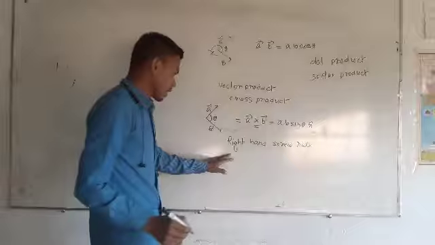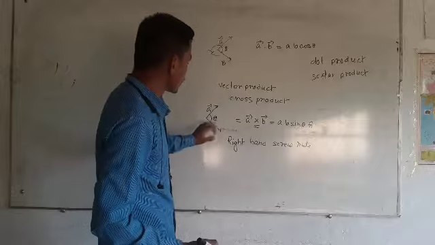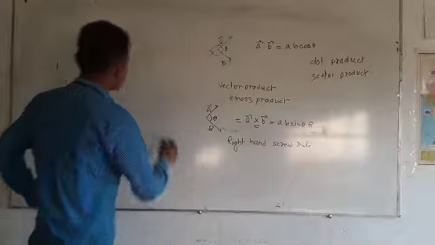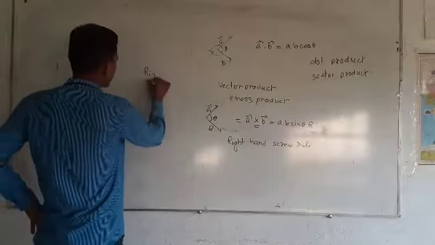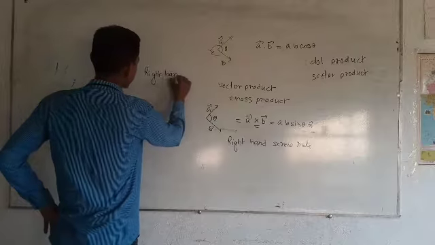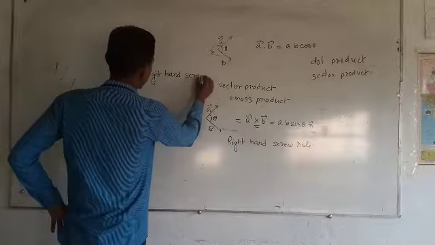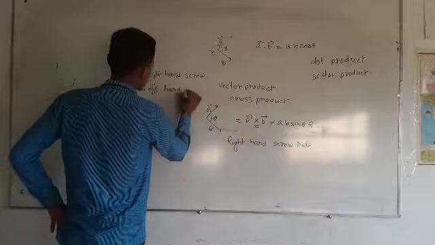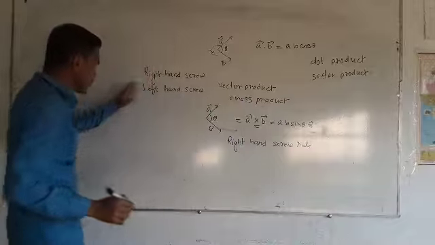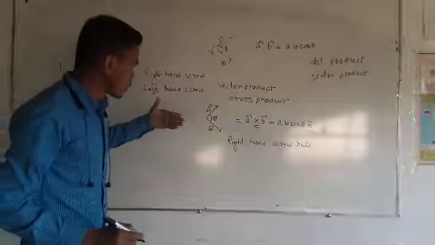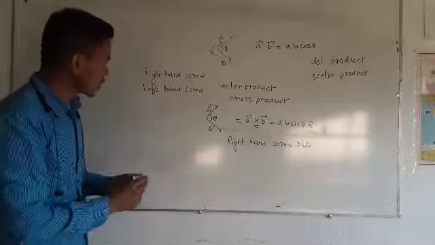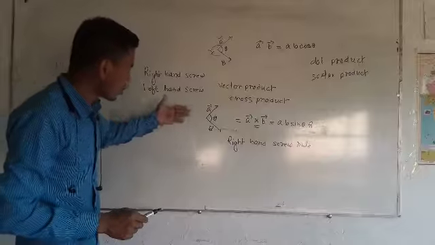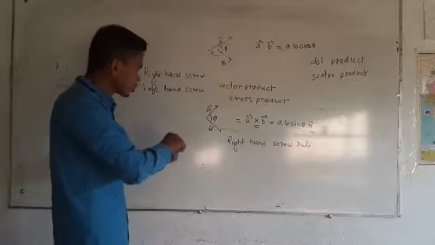Not to confuse, I just want to remind you of the difference between the right hand screw and the left hand screw. A right hand screw advances forward when we turn the screw towards the right.